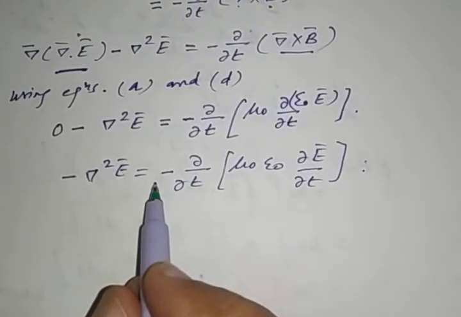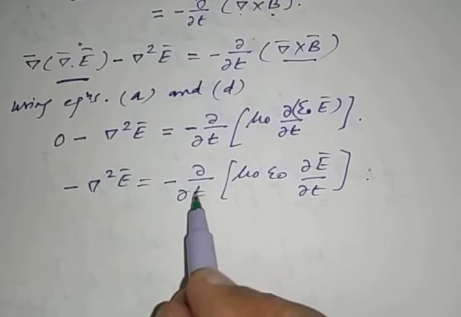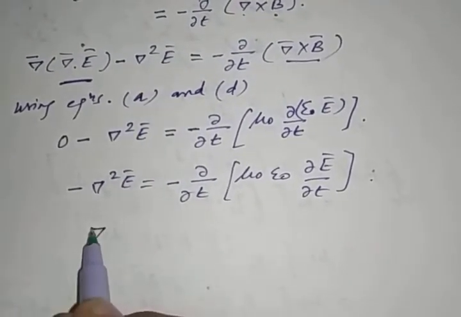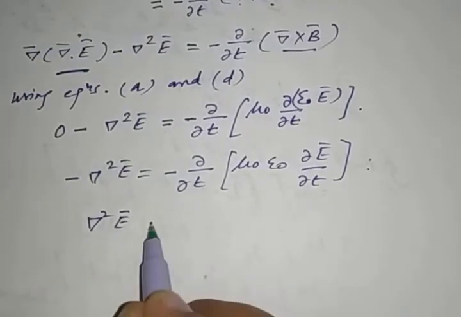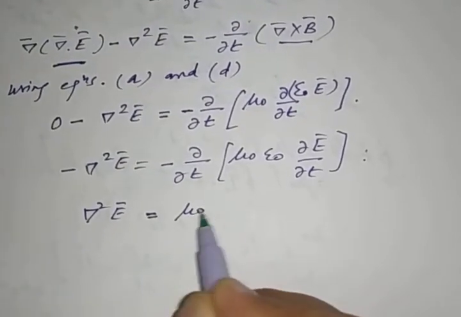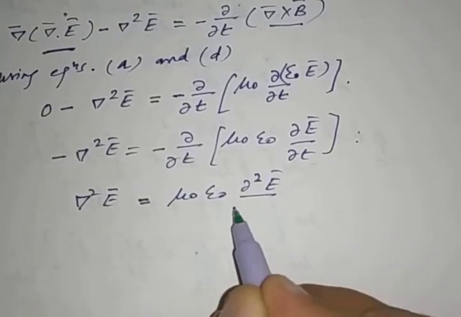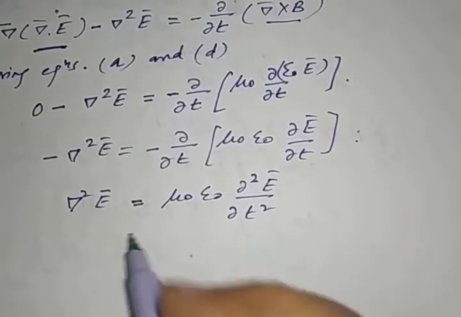The negative sign will be cancelled out and this differentiation will go inside. So the value will be del 2E is equal to mu naught epsilon naught del 2E by del t square.